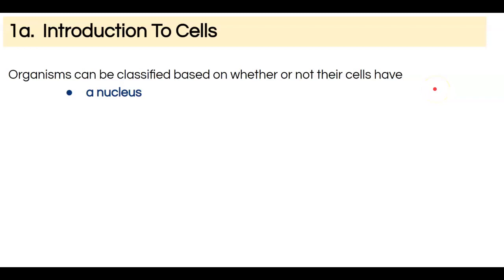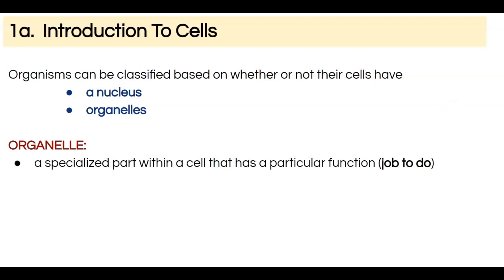One of them is whether or not they have a nucleus, and whether or not they have organelles. You might be like, what's an organelle? Well, in elementary school, I know some of you have discussed this, but just to make sure everybody is on the same playing field, an organelle is a specialized part within a cell that has a certain function or a job to do.